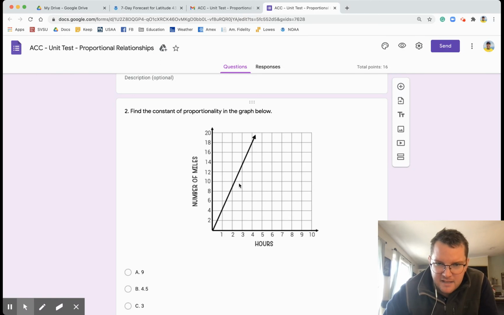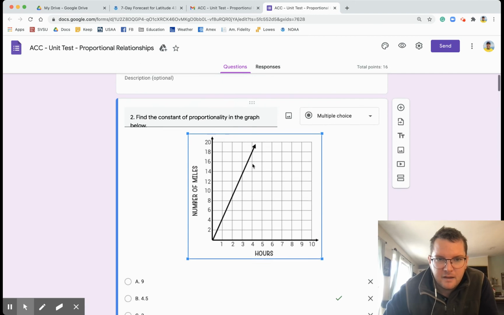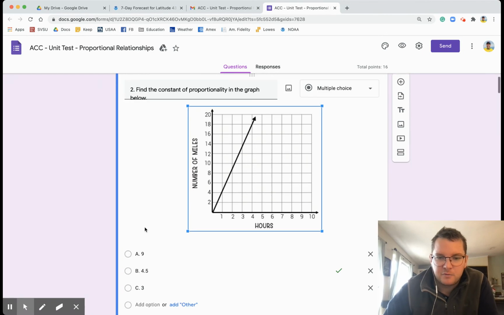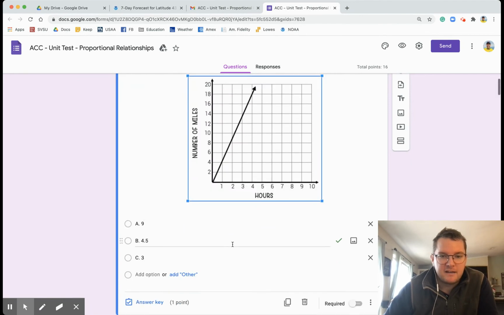So where is that when I'm going up? Right at the top, I have 18 as my y and 4 as my x. So I would write on a piece of paper 18 over 4. And whatever you find when you solve that will be one of your answers here.